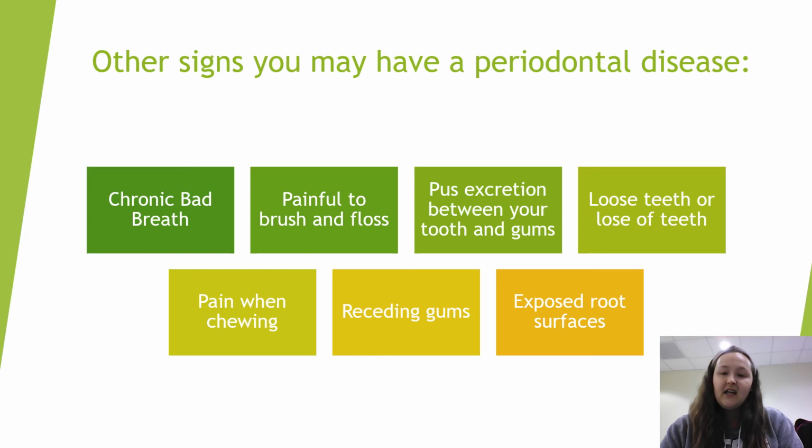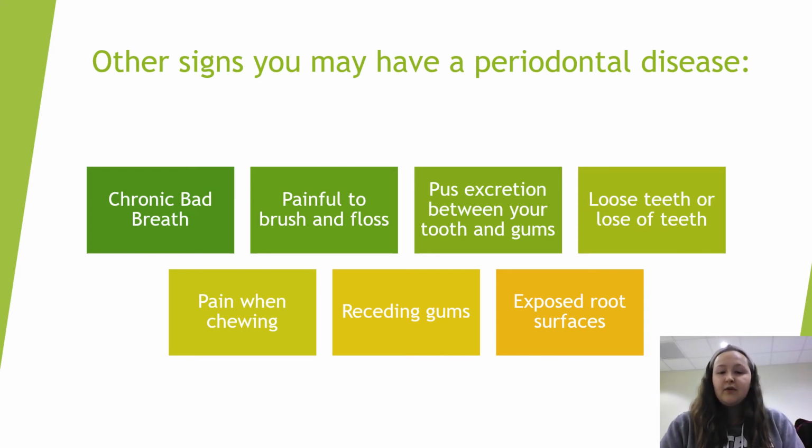If you have any loss of teeth, or if your teeth are loose when you're eating, sorry. If you have pain when chewing, if you have receding gums, so basically that means if your gums are moving away from your tooth, you're going to start seeing more of your teeth in your mouth, whereas your gums are just slowly going down.